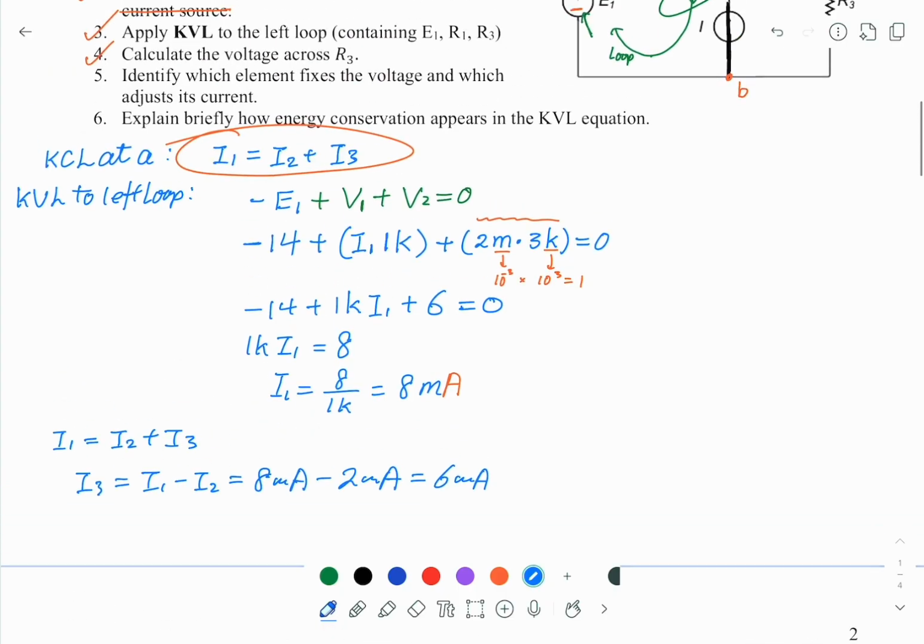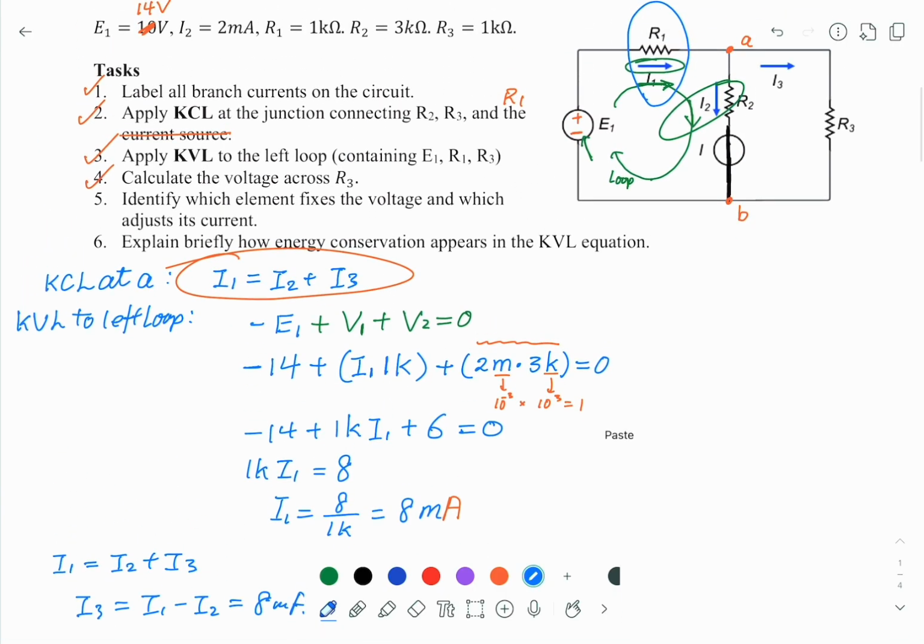So the voltage across R3, we call it V3, is I3 R3, and it is 6 milliamp. Again, I just put the 6m. R is 1k, so I got 6 volt.